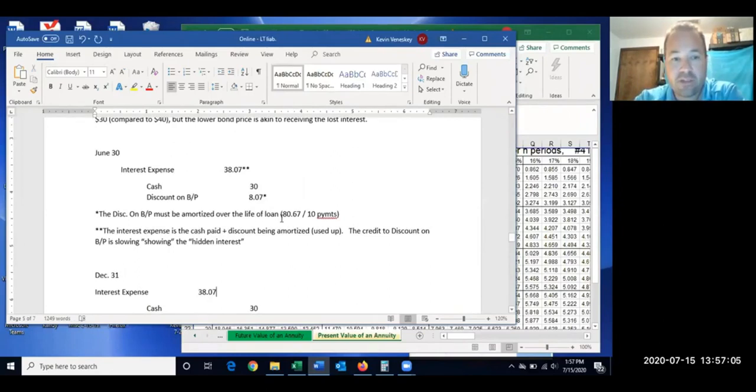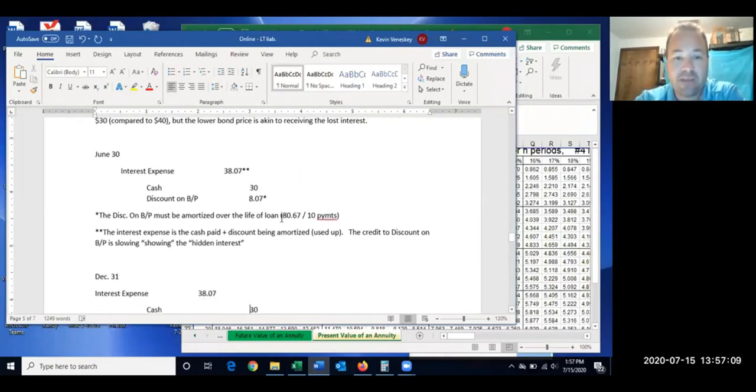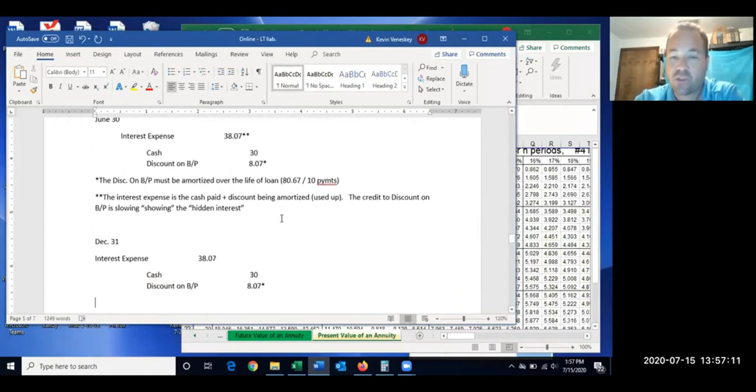And then as we go on to, this would have been for June 30th, every single payment is going to be the same when we use the straight line method. The straight line method meaning the $8.07 stays the same. I continually use the $80.67 and divide it by 10, just like doing straight line depreciation stays the same. And then by the time we get to the 10th payment, my entire discount is gone away.